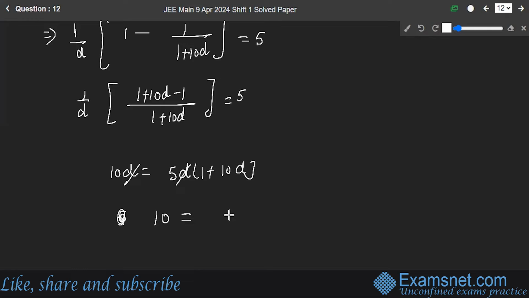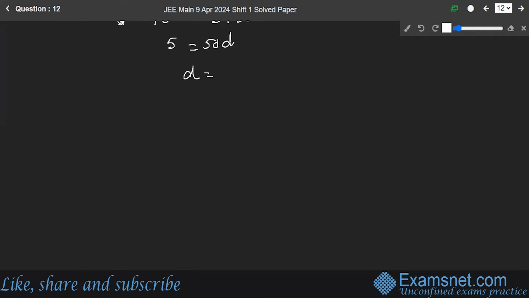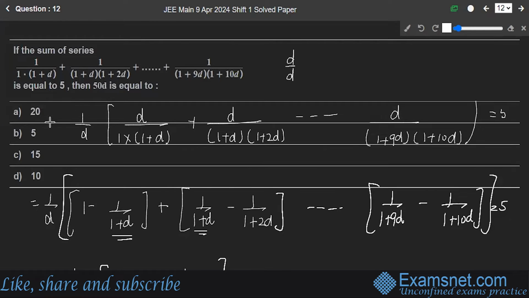This is 10 is equal to 5 plus 50d, or you have 5 is equal to 50d, or d will be equal to 1 by 10. Right? We have to calculate 50d. So this is equal to 5. This is the answer to the question, 50d is 5. Option B stands to be the right answer. Hope you understood that. Let's move to the next question.